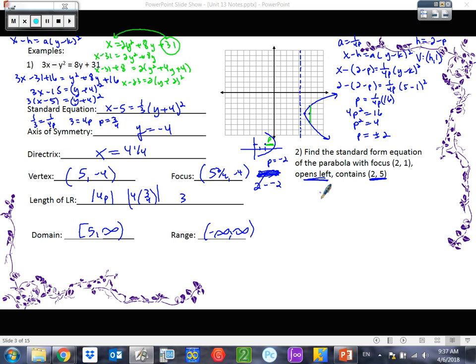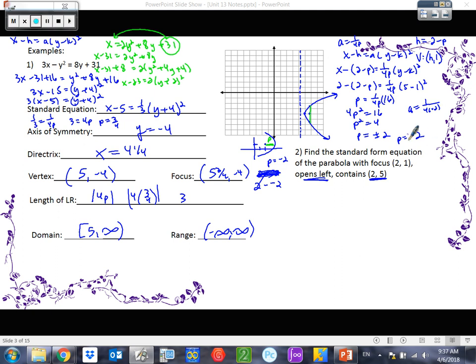All right, so now that I know what p is, and we're opening left, p is actually going to be negative 2, right, because we're opening left. I'm going to go ahead and put that in for a and h. So I have a equals 1 over 4 times negative 2. So a is going to be negative 1/8, right?